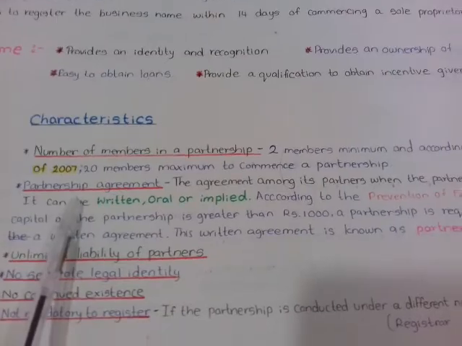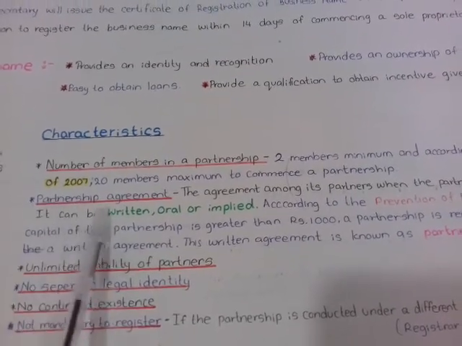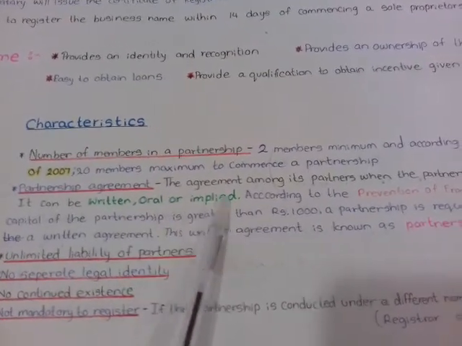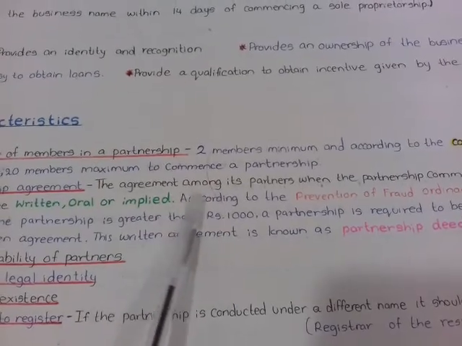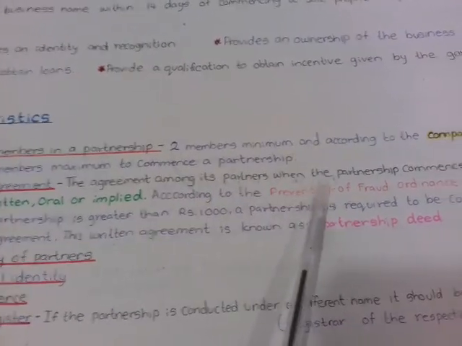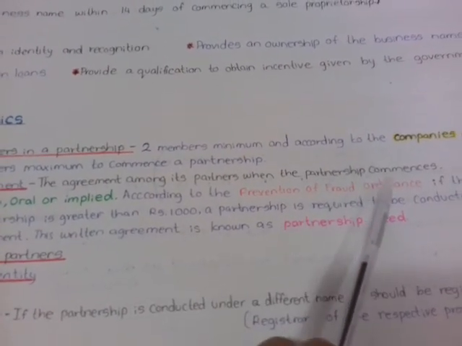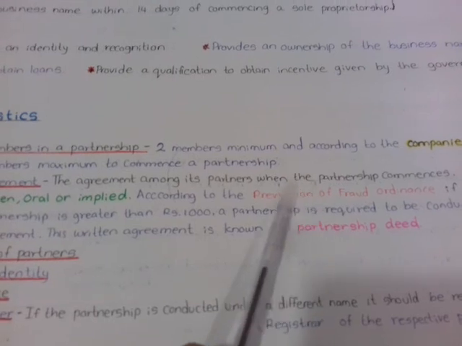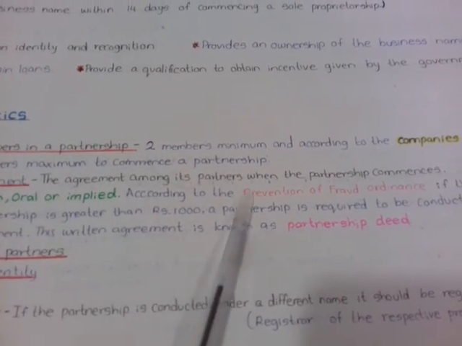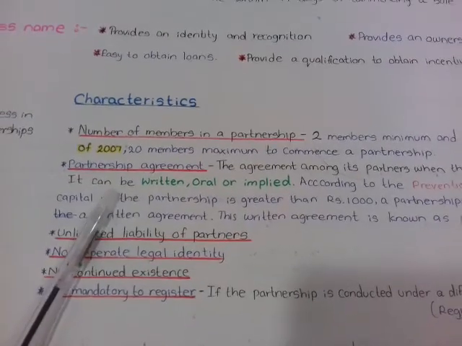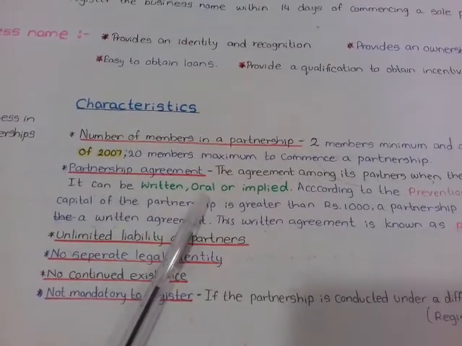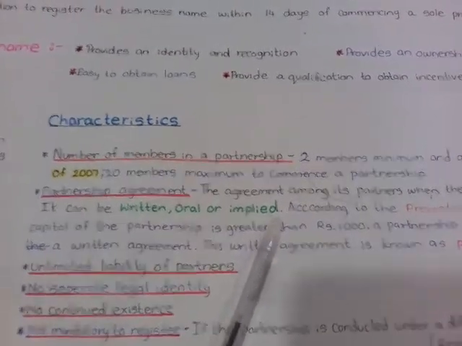And the next characteristic is the partnership agreement. The agreement among its partners when the partnership commences. That means when the partnership is commencing or starting, there is an agreement between the partners. So it can be written, oral or implied.